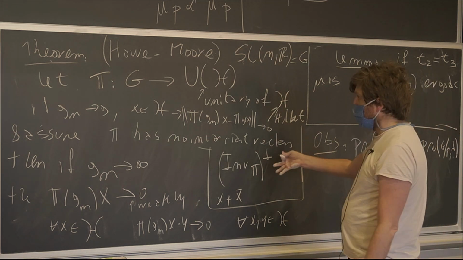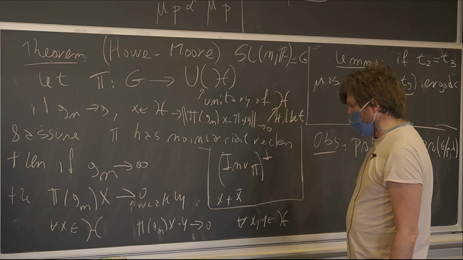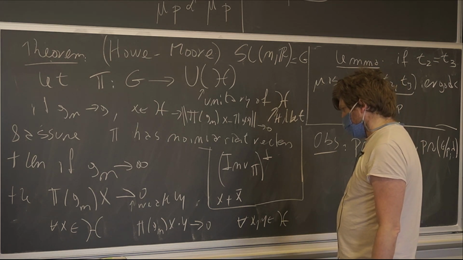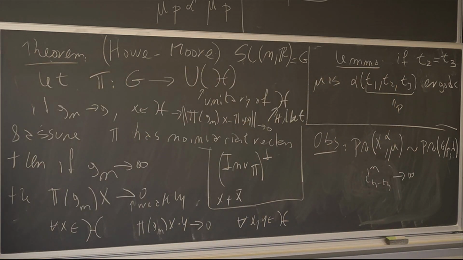So this lemma is a consequence of this Howe-Moore theorem. Now the Howe-Moore theorem has two ingredients. One is the Mautner phenomenon, and the other is, let me write down the Mautner phenomenon, which is also very useful.